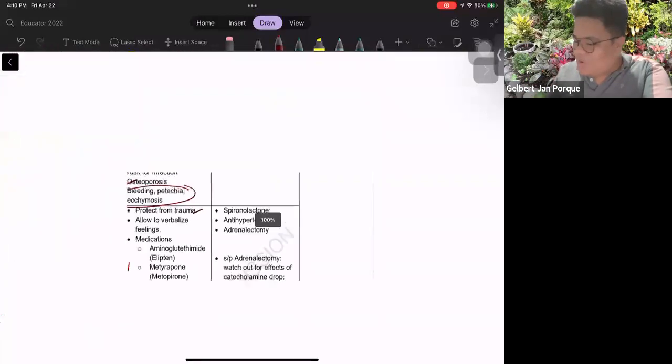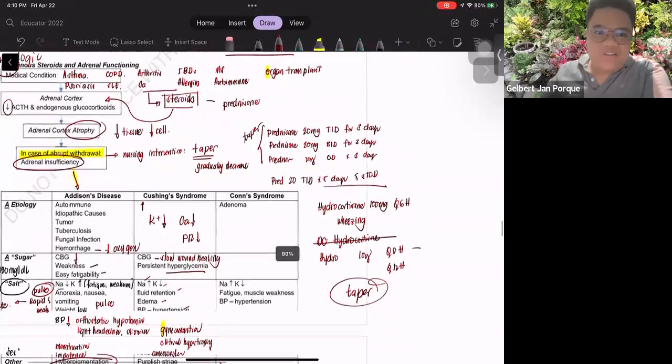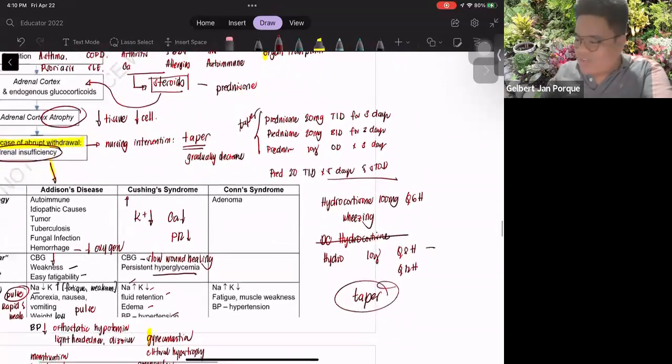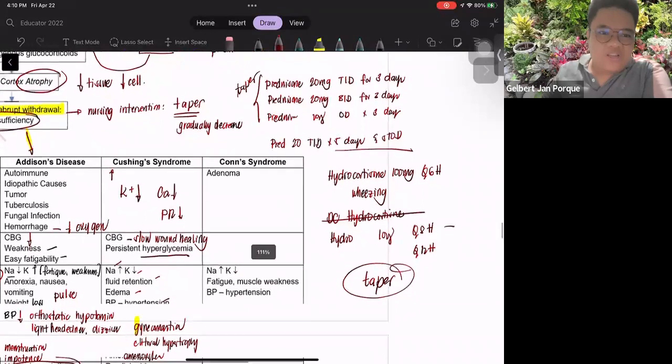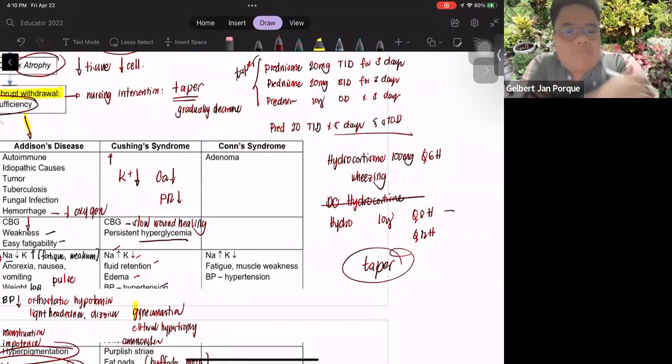Now, let's go to your Conn's disease. Class, your Conn's syndrome is usually caused by an adenoma. But if you look at the problem, students, the problem is in your mineralocorticoid. Okay, the main problem, class, is in your mineralocorticoid.